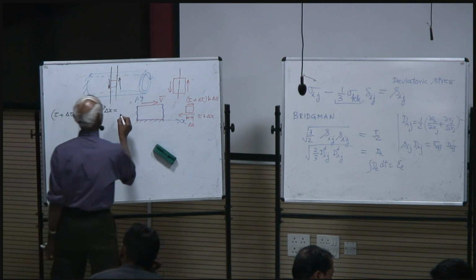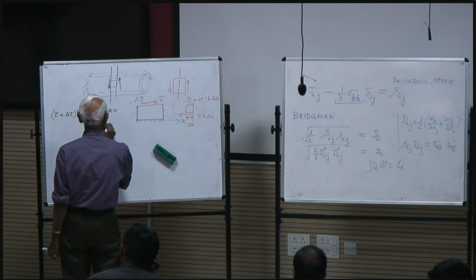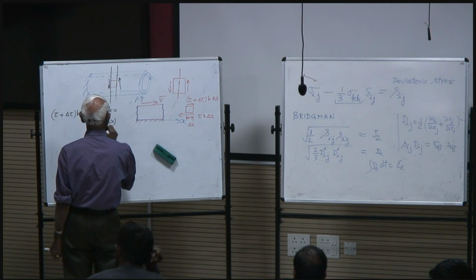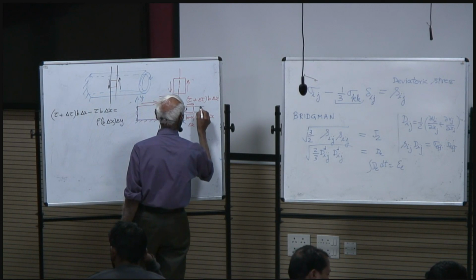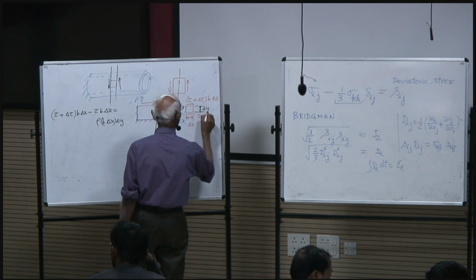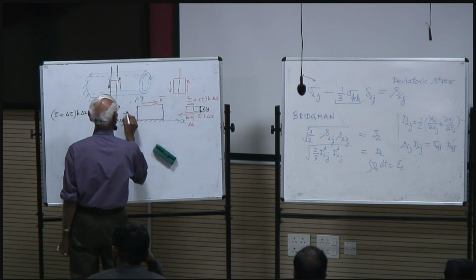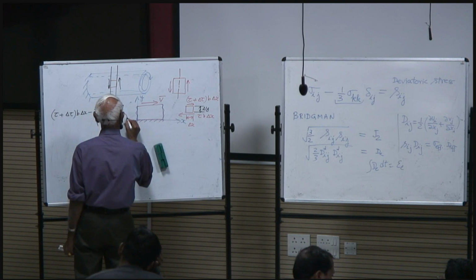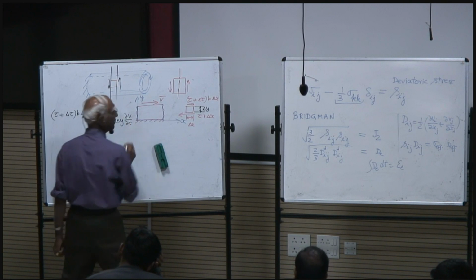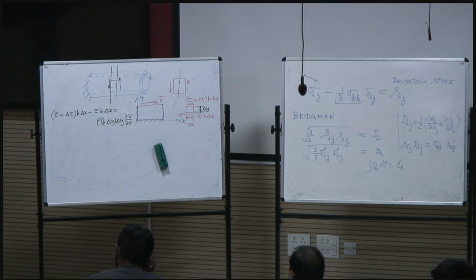So mass is rho b delta x times delta y. This dimension is delta y, times acceleration. So that's delta v over delta t, the rate of change of velocity.